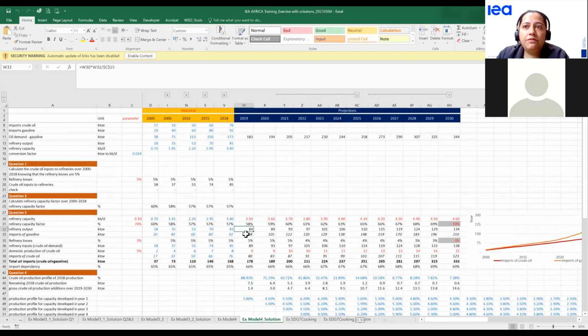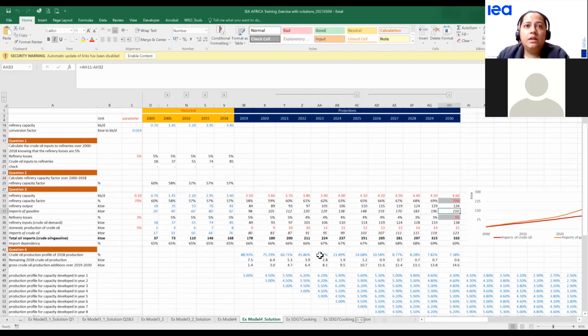And you know your refinery capacity output, you know your oil demand for gasoline, so you can deduct how much you are importing. You know your demand, you know your refinery output, and the difference is imports. So you can now calculate the imports for gasoline up to 2030. So that was for gasoline.